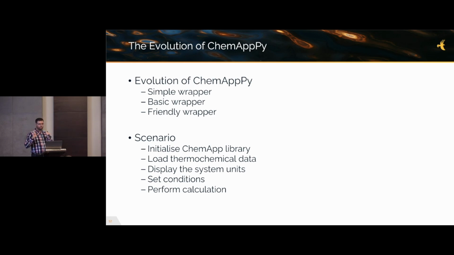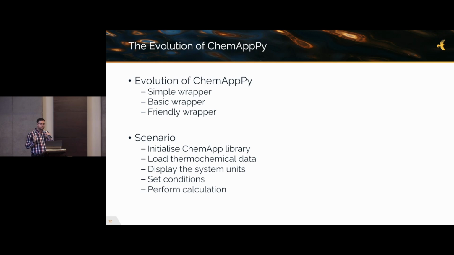Next, we had a more basic wrapper, to which we added some functionality so that it makes the development cognitive load on the user a little bit less. And then finally, we arrived at something we call a friendly API or wrapper, and we consider it to be user-friendly.